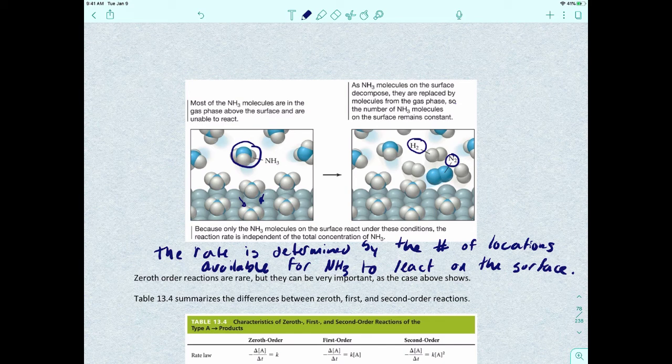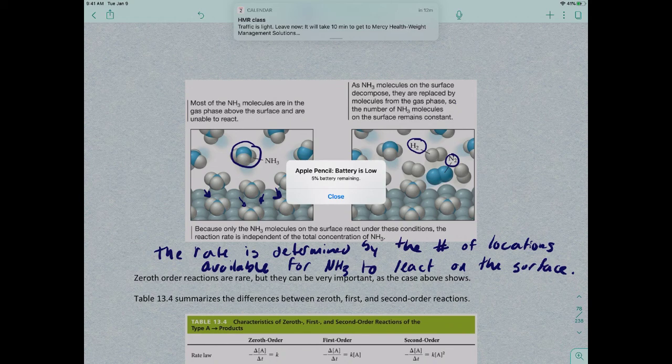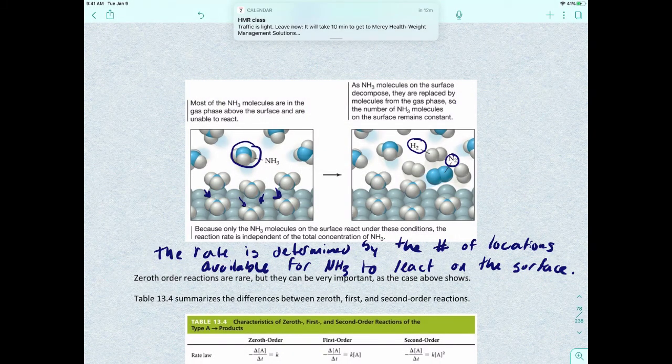So if you double or triple the amount of NH3, that's all well and good, but what's really holding things up is the number of these crevices on the surface of a metal. If there are only 5 spots and you've got 10 molecules, then everything's held up by the number of places you can dock those molecules. That's what a zeroth order reaction is. It doesn't matter what the concentration of NH3 is. It could be doubled, tripled, or whatever. What's holding everything up is the number of spots.